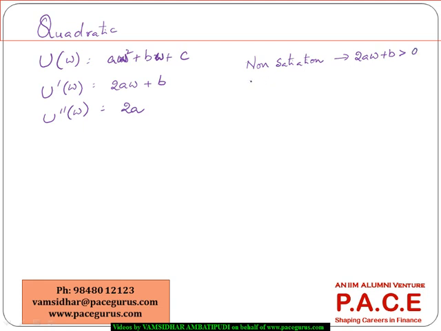Whereas the diminishing marginal utility rule says that u double dash of w should be negative, meaning 2a should be less than 0, so a should be negative. And if 2aw plus b is greater than 0, I can see that w is greater than minus b by 2a.